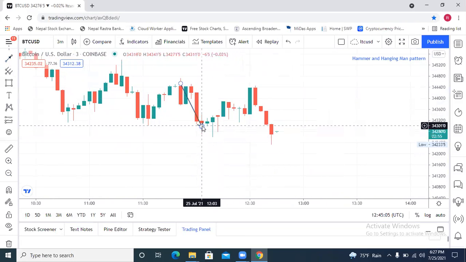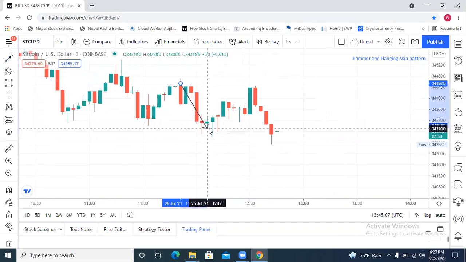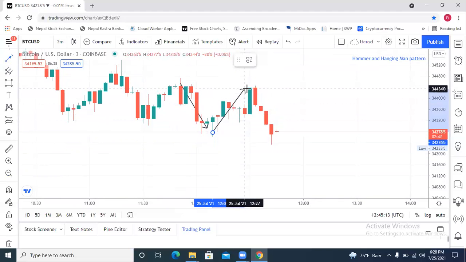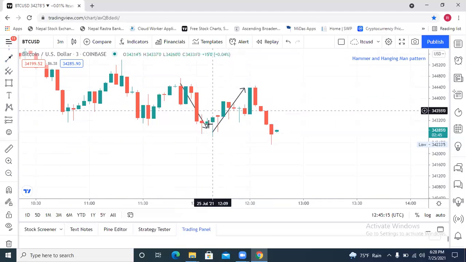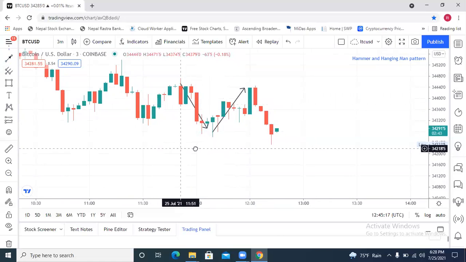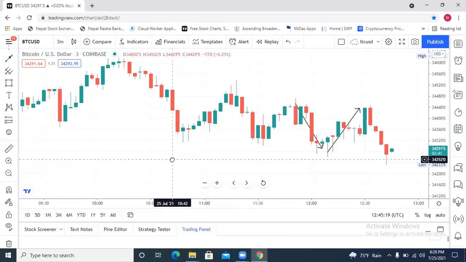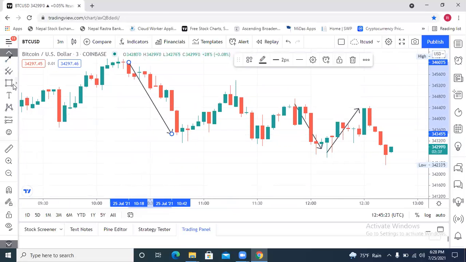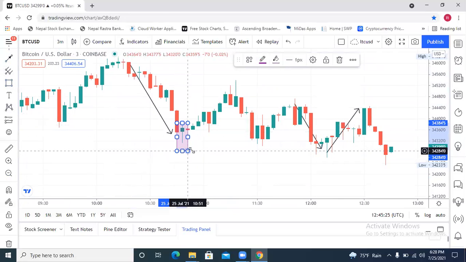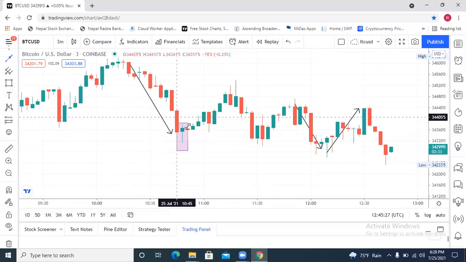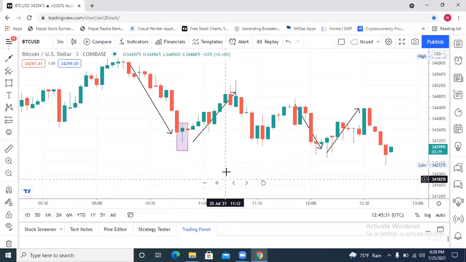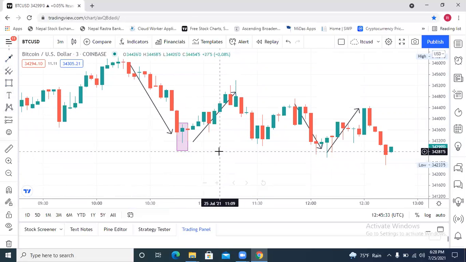There's a downtrend, and you see this hammer pattern like we saw earlier in our example, and the market goes up. This is how it works. Let's look at another example. We have a downtrend here, we have this hammer pattern over here, and then the market goes up. See how beautifully it is working in this pattern.